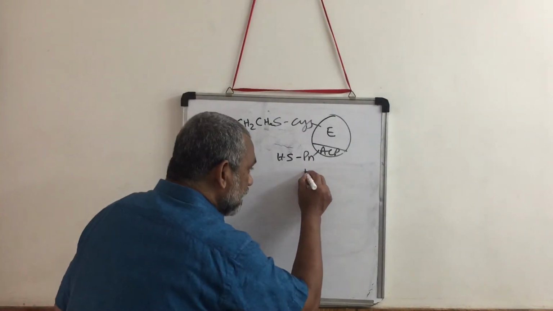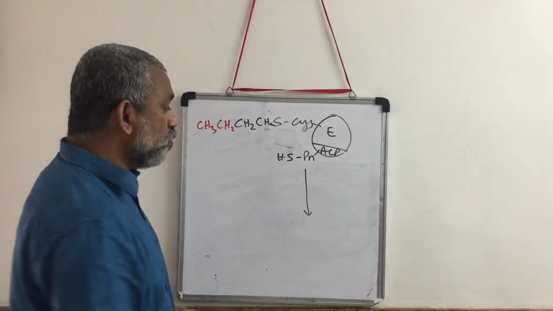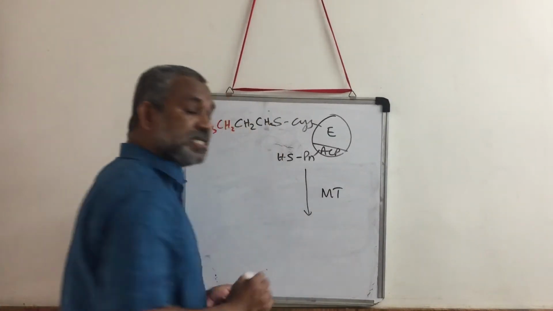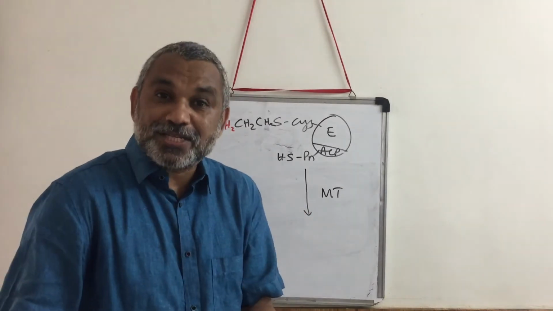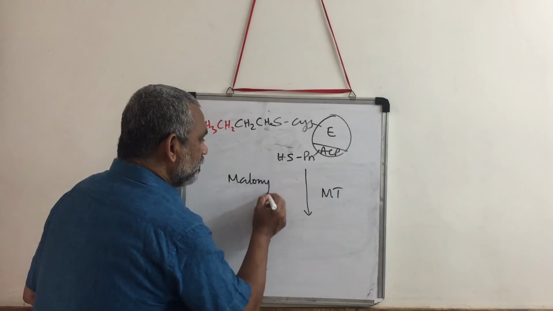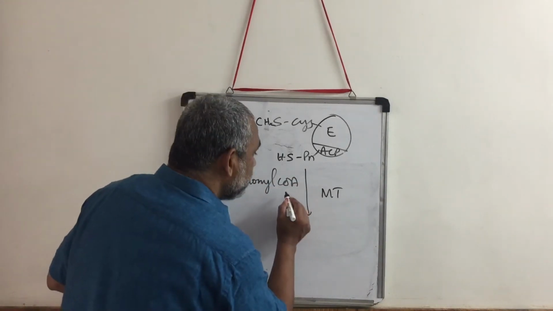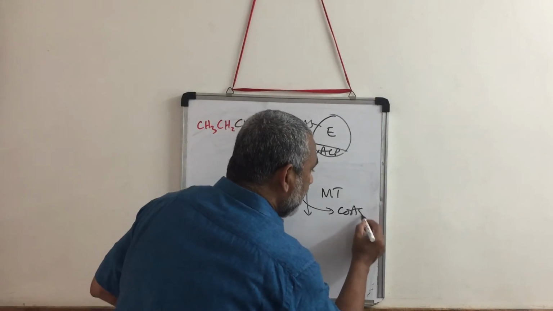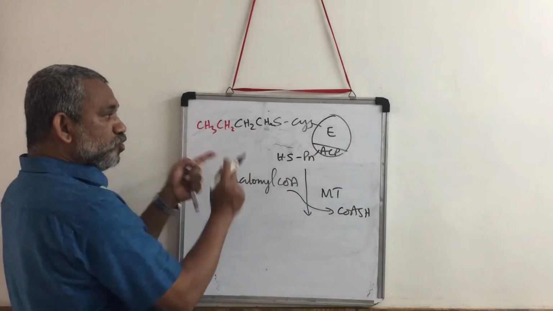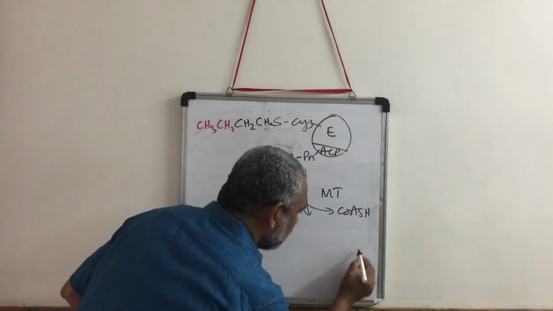In the second round, if the first enzyme is going to be malonyl transacylase, what will it transfer? It requires a malonyl CoA. Malonyl CoA is required, and that will give away CoA, and the malonyl group is transferred to this position. Let us write down that structure.